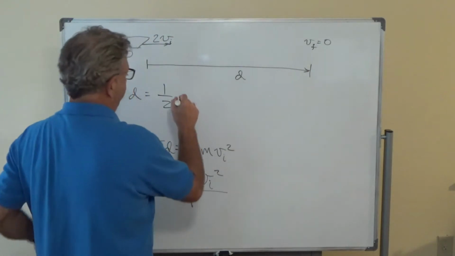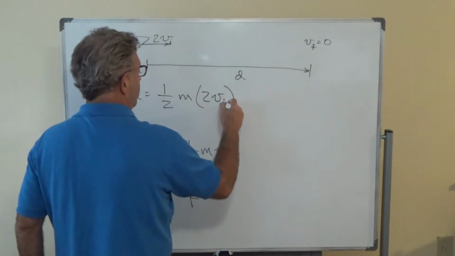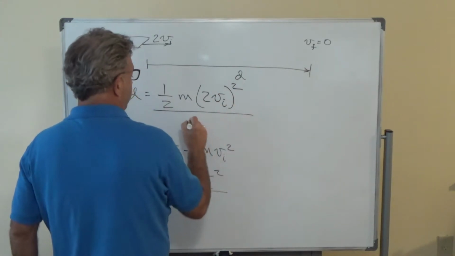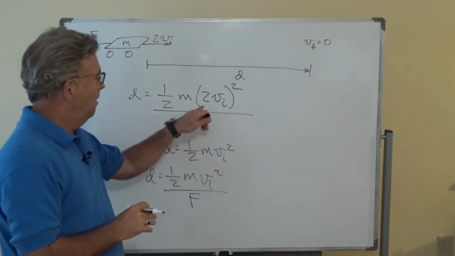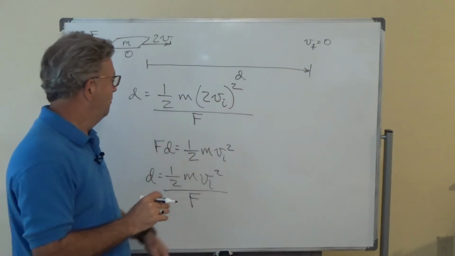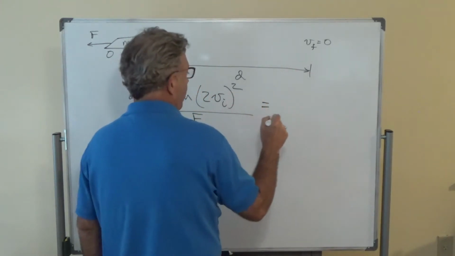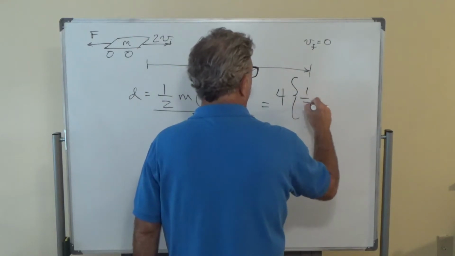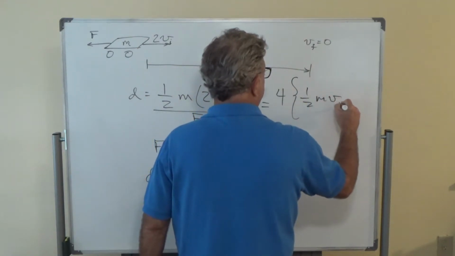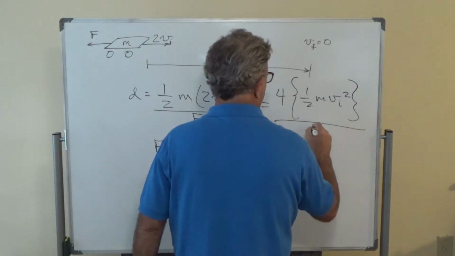So 1/2 m (2v initial) squared over F. Well, that 2 becomes a 4, and I'm going to write this in a little bit different way. I get a 4 out front times 1/2 m v initial squared divided by F.